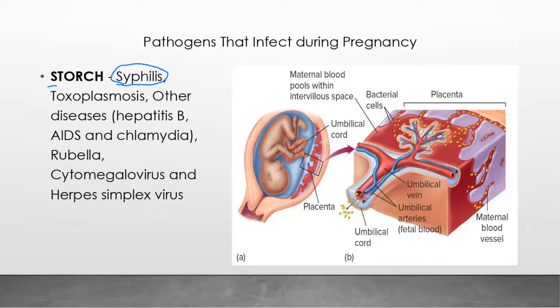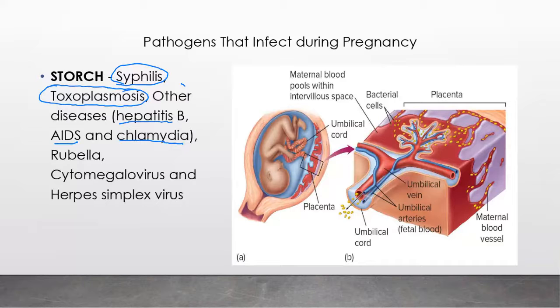Toxoplasmosis. This is also a disease that can be transferred through the placenta. O is for other disease like hepatitis B, AIDS, and chlamydia. So these are the diseases that can be transferred through the placenta.